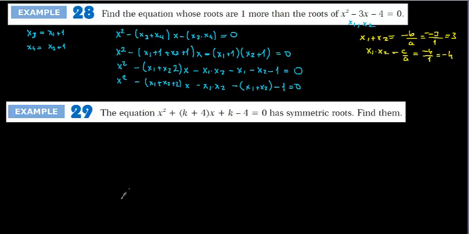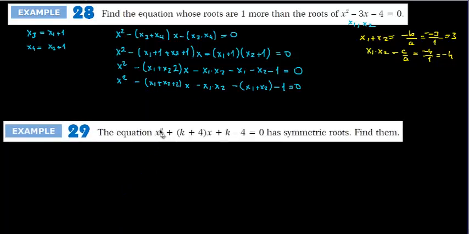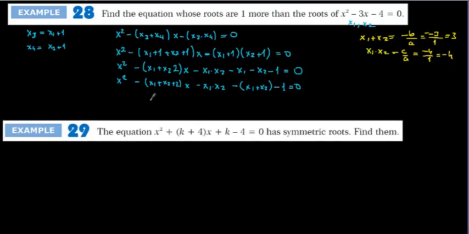Okay, now I'm going to replace the values here. It's going to be x squared minus (x1 plus x2 plus 2), which is 3 plus 2, times x, plus x1 times x2, which is minus 4, plus 3 plus 1 is equal to 0.